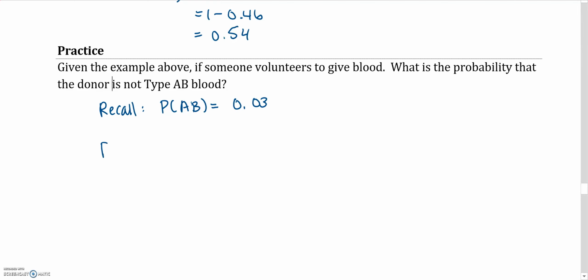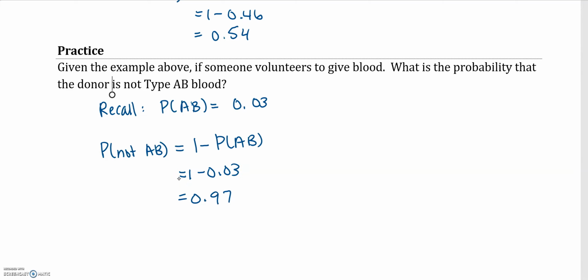And for this question, we want the probability of not having AB, which is equal to 1 minus the probability of having AB, since these are mutually exclusive events. Now this is equal to 1 minus 0.03 or 0.97. So there's a 97% chance that the donor does not have type AB blood.